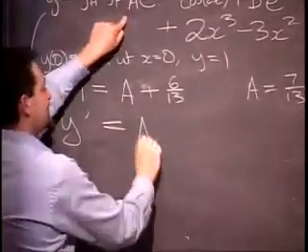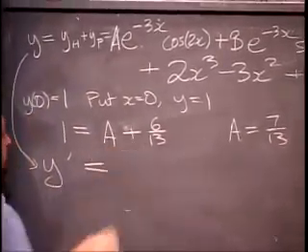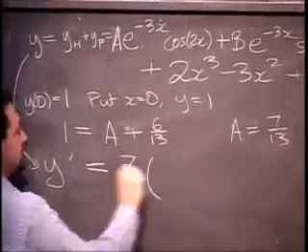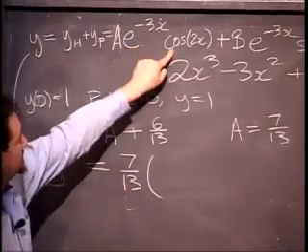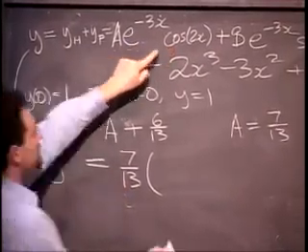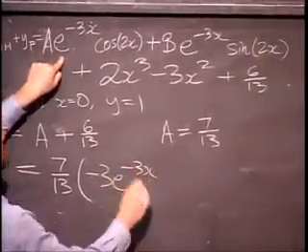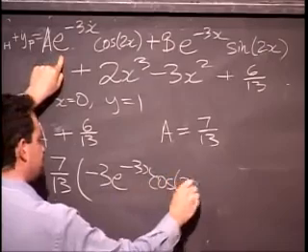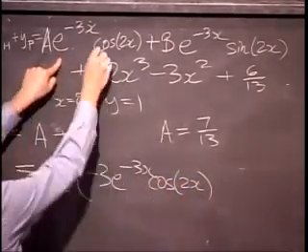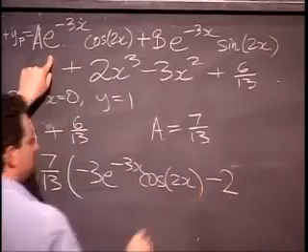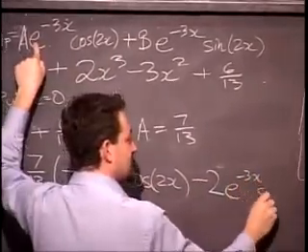You get a, actually a is 7/13, so we may as well replace it, outside of e to the minus 3x times the derivative of this. Actually, I'll do cosine, so it's minus 3e to the minus 3x times the cosine, plus, although it will be another minus, 2 from the cosine, e to the minus 3x sine 2x.